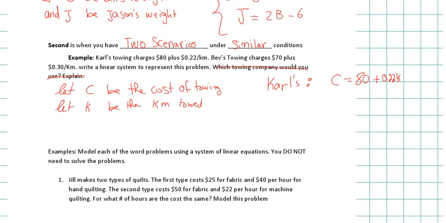Now the second scenario is Bev's Towing. What would be the equation for that? Cost equals 70 plus 0.30 times K, because I'm using K as the letter for my kilometers.